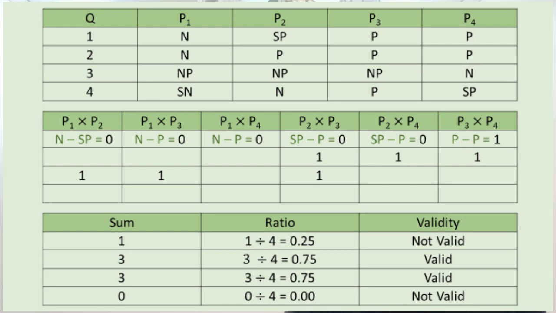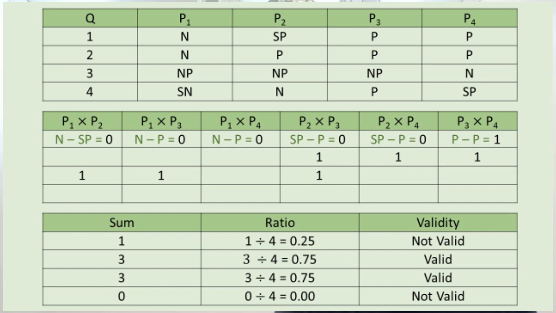In your dry run, you could ask 3 or more persons, but I would suggest 4 or 5 persons. So for question number 1, we can see that the response of person 1 is N, negative.